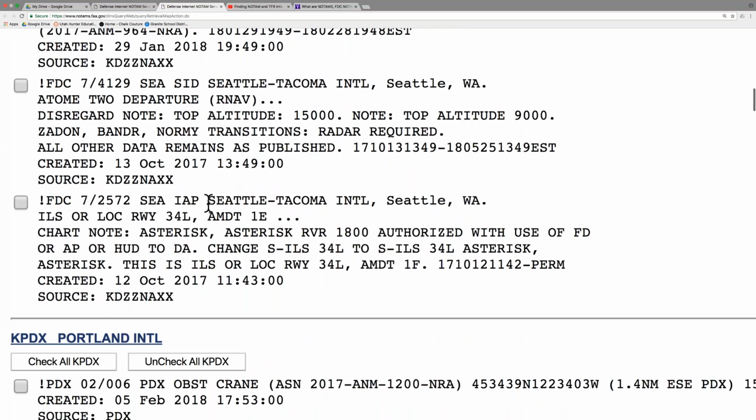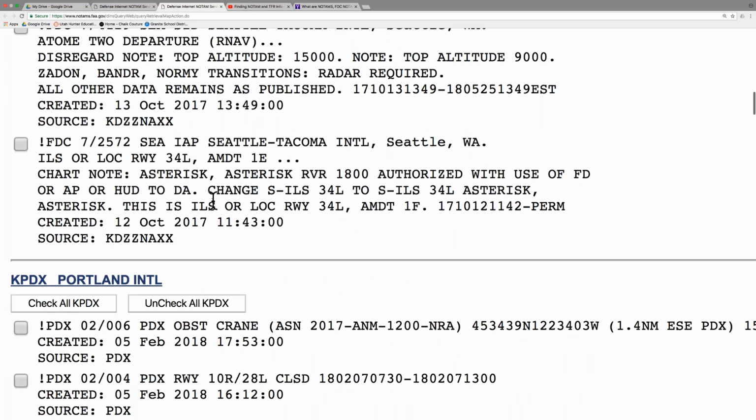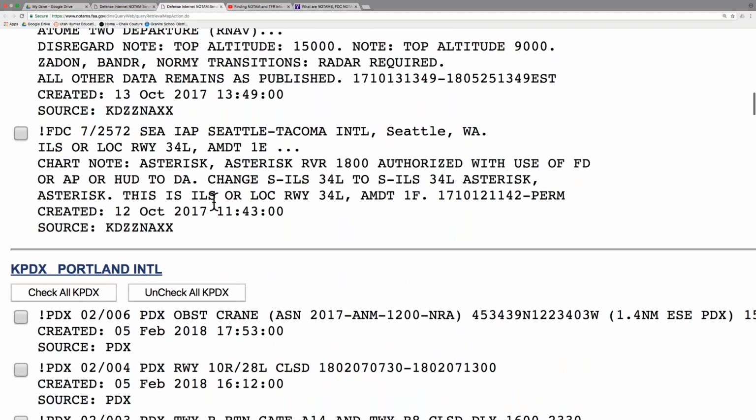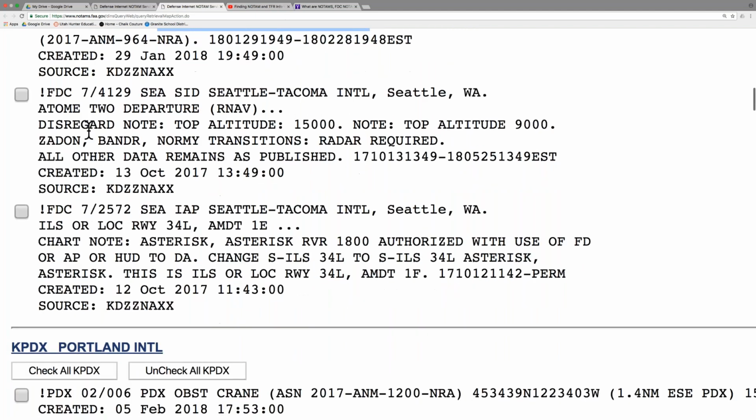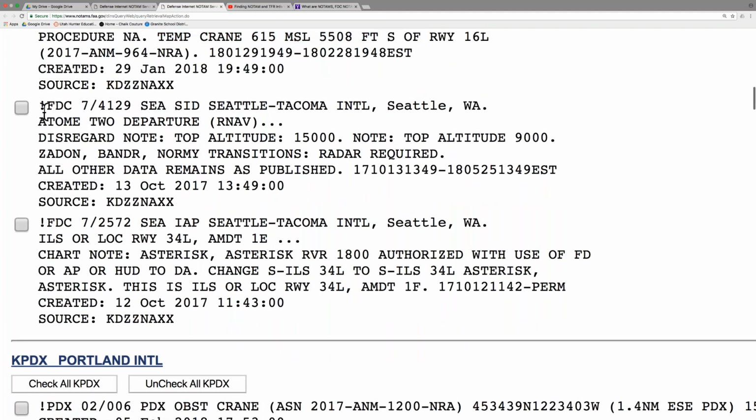So we can go through these, and we're going to do the same exact thing that we're doing with the D NOTAMs. We're going to read them, figure out what applies to us and our procedures that we want to do, and then apply them to our flight planning.